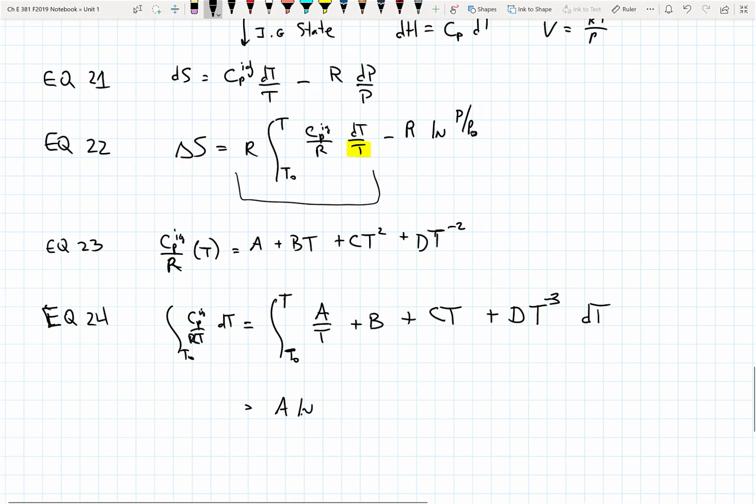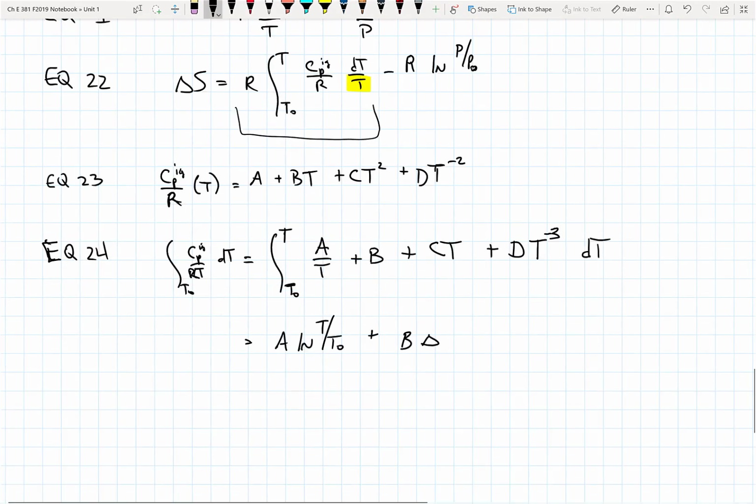I'm going to get A natural log T over T0 plus B delta T plus C over 2 delta T squared, and then minus 2 times D times delta T to the minus 2. That's pretty straightforward to evaluate, and so that's one way of accounting for temperature dependence.